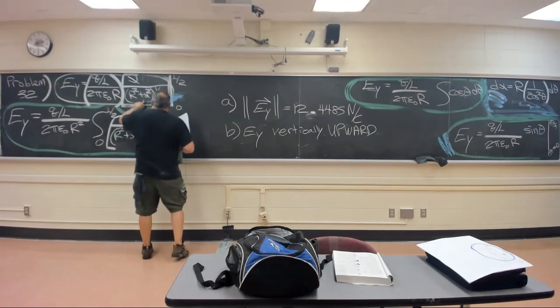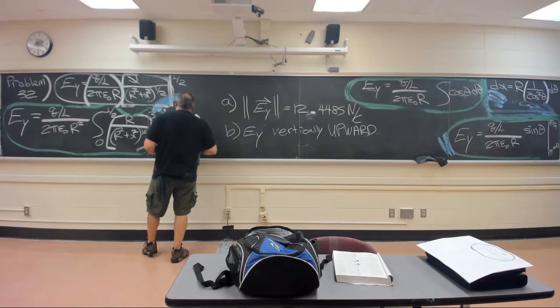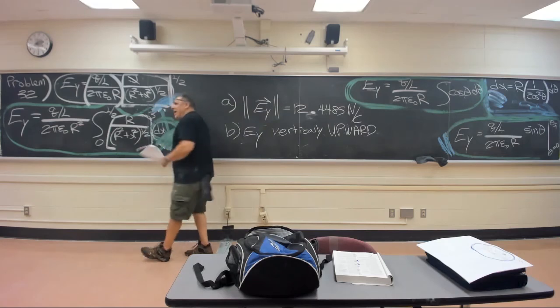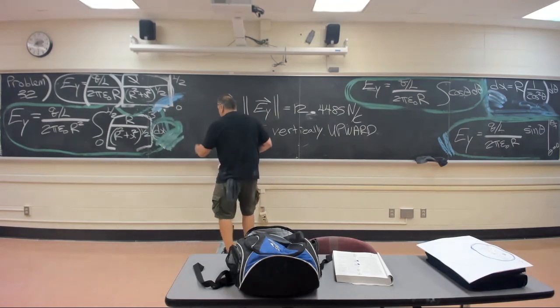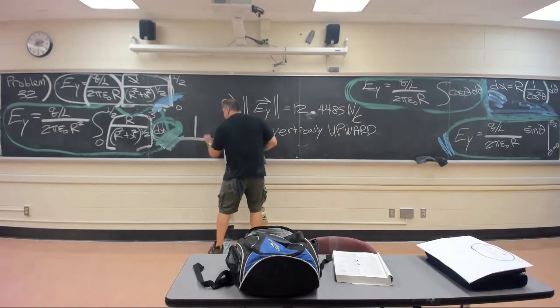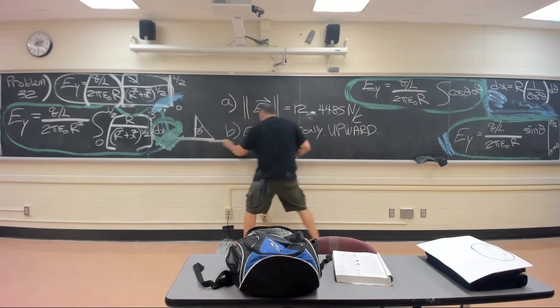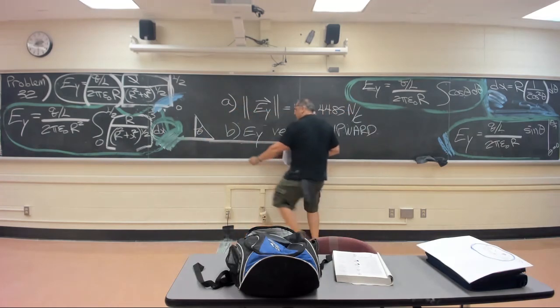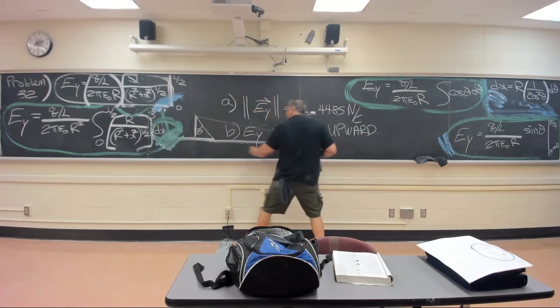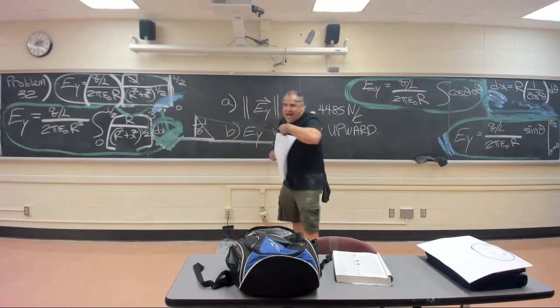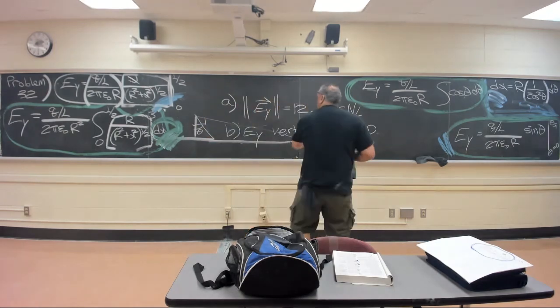When would this be at its maximum? If theta was 90 degrees. The only way you're getting a 90-degree angle with this guy is if you make it infinitely long. If you make it infinitely long, this thing starts coming close. It's not 90 degrees right here, guys.